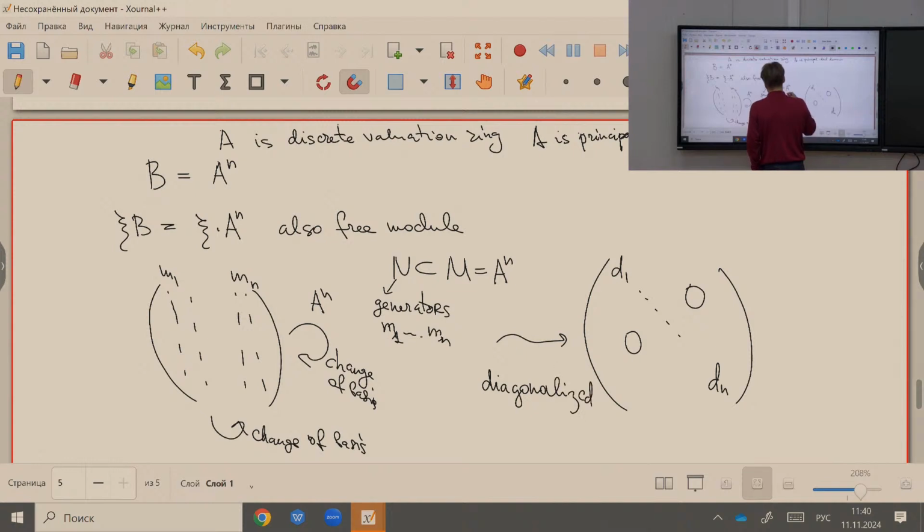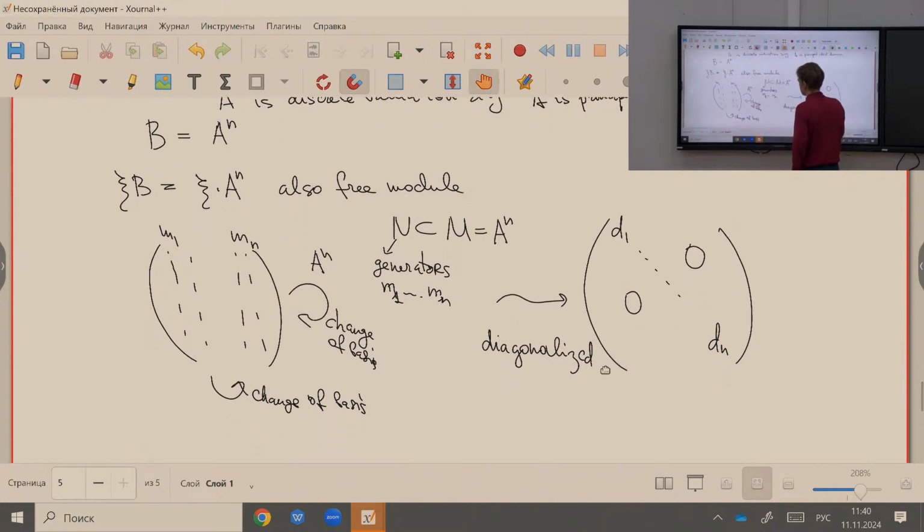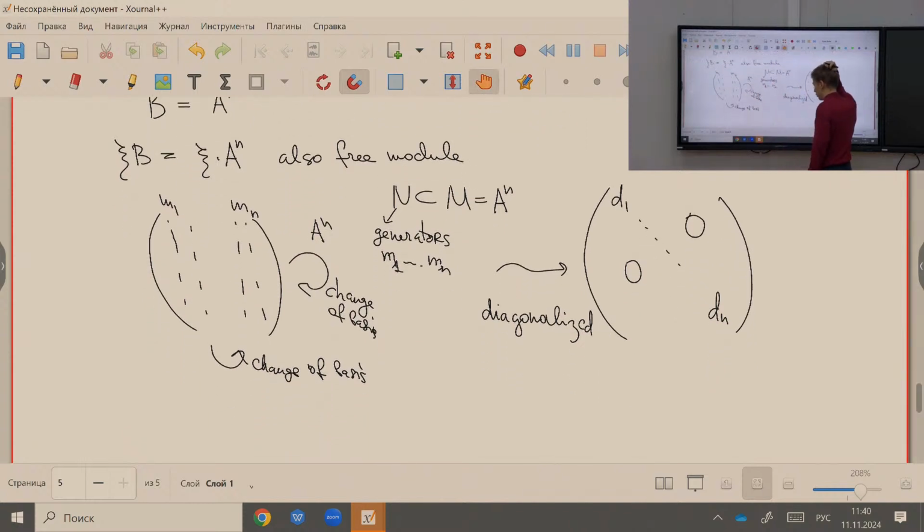So the theorem about the structure of submodules over a principal ideal domain says that after the change of basis, this matrix can be diagonalized.